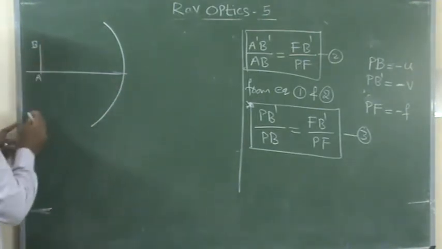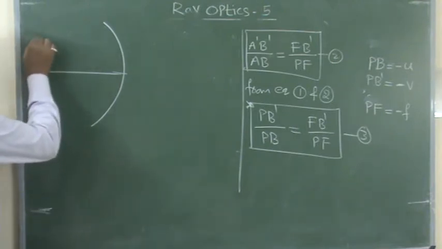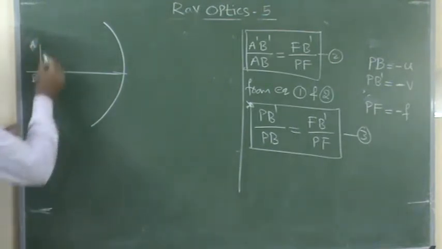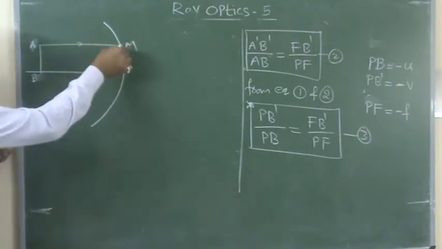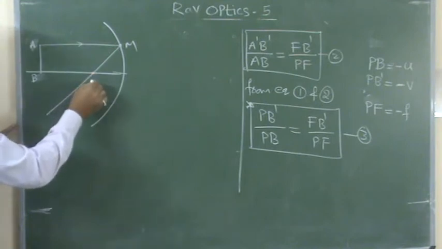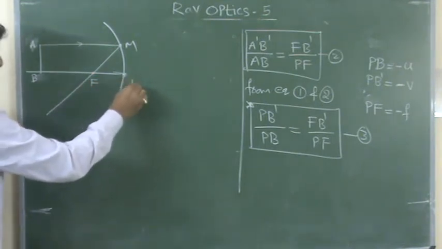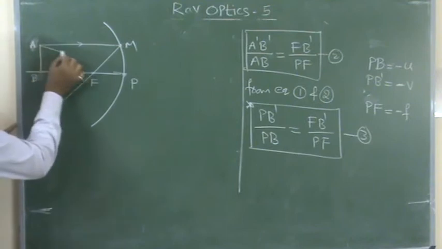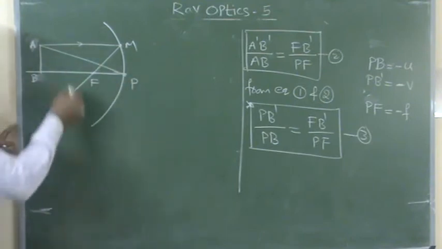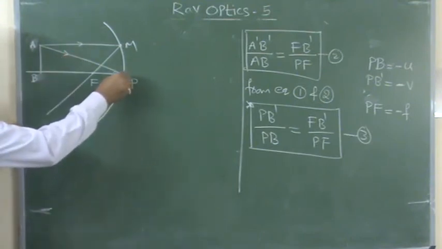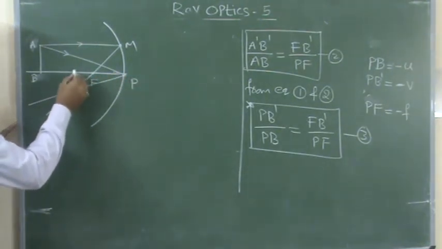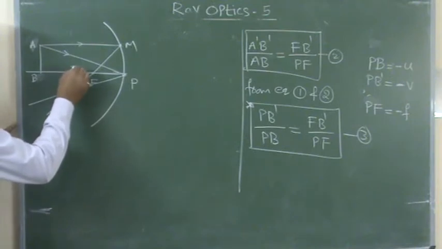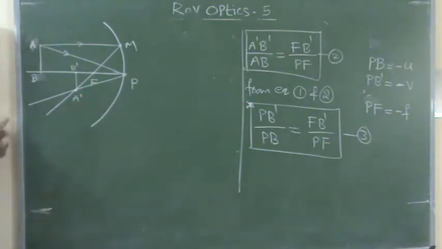Maybe we took this one, AB line incident at a point M and reflected back through F. This point is P, and I am taking one more line which is incident at point P and reflected back through this. So here, B', A'.